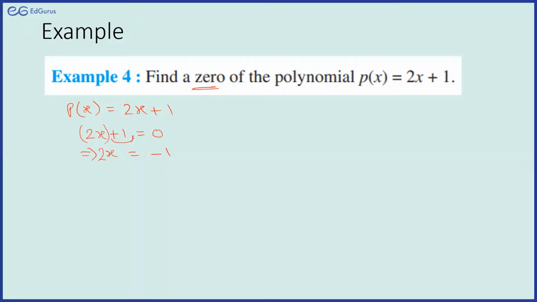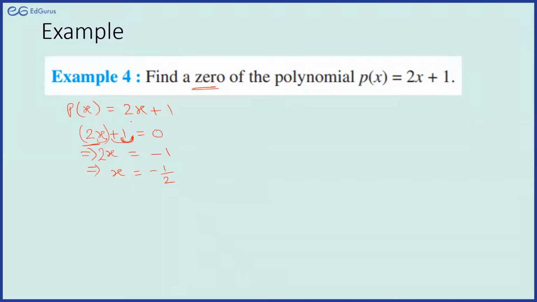It's not multiplying 1. If I say 2x plus 1x, then you can say 3x. Here this is 2x, where the constant 2 is there and the variable is x. Here there is no variable at all, so you cannot add these coefficients. So what will we do? We take the constant term to the other side, so 2x equal to minus 1, so x is equal to minus 1 by 2.